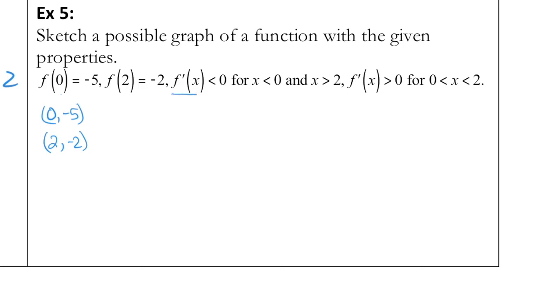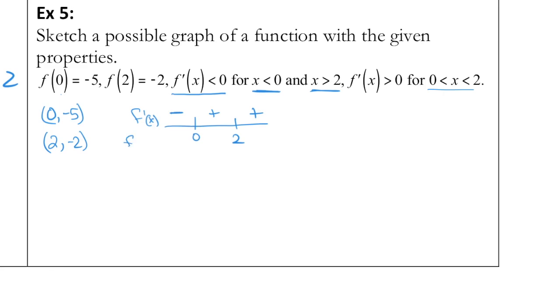All right, now, the derivative is less than 0 for x is less than 0. So we're going to make a sign chart. And in the sign chart, we know we have to think about x is less than 0, x is greater than 0, and also what's happening between 0 and 2. So let's put in 0, let's put in 2. We know that the derivative is negative on the left side of 0 and the right side of 2, and that it is positive in between.